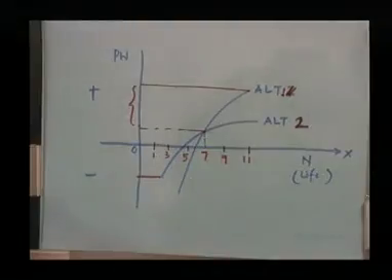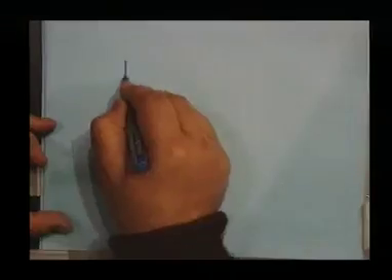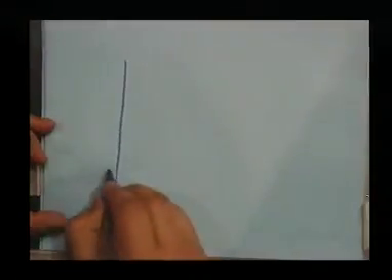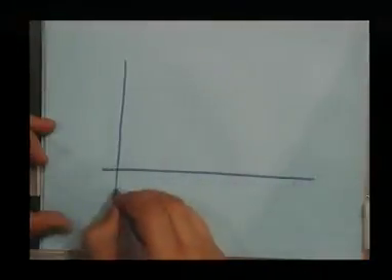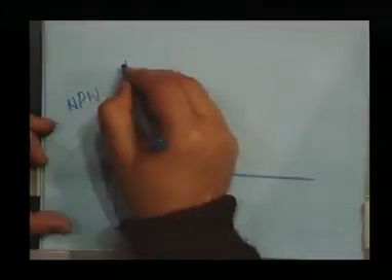Now, this was the example when only two alternatives were given. There could be situation in which you can have more than two variables also, and you may get a graph like this. I will show you in next slide. It could be something like this. Let us say on this axis I am having present worth or net present worth.